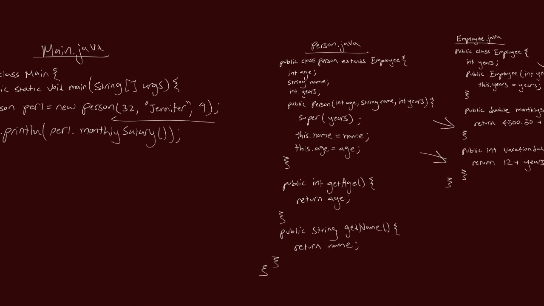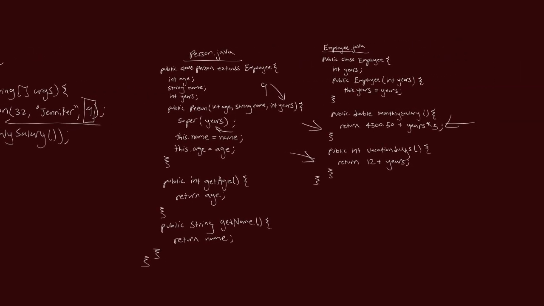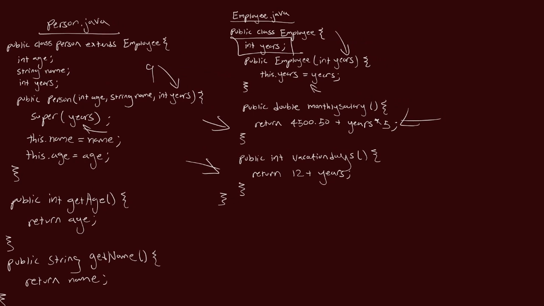So we set up these values. Let's focus on this 9. This 9 will be represented by years, and this 9 goes into here. Then we move on to our constructor where the 9 is passed down to here, and then we get this dot years equals 9. So that sets this to be 9. Now when we call our monthly salary, this will be 9 times 5 plus this value, and that's what you're going to get as your return.